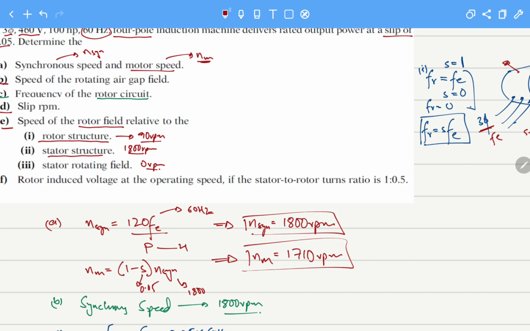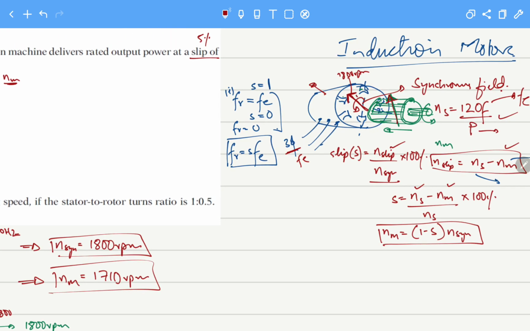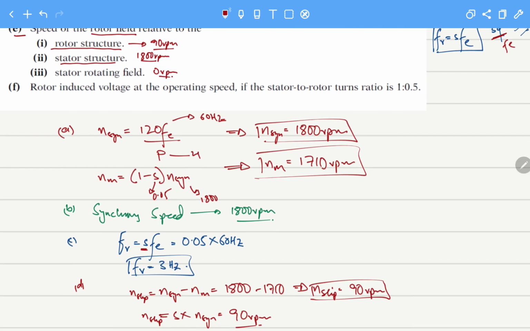The rotor field will have the same speed as the synchronous rotating magnetic field. This field and the field that is cutting the rotor are actually the same field we are talking about.